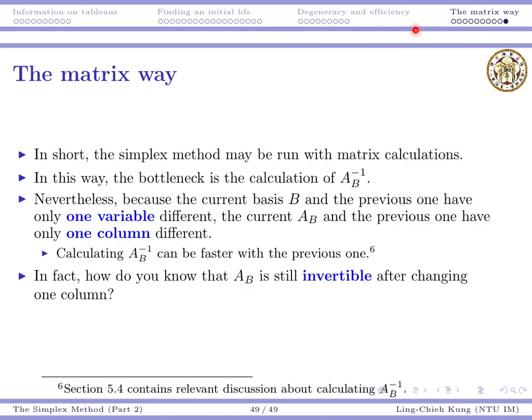And then you know the smallest index rule is useful for removing cycling. And you know some efficiency issues about the simplex method. In particular, the number of constraints is more critical than the number of variables. And finally, if we want to do the simplex method in the most efficient way, we need to use matrix algebra instead of Tableau.